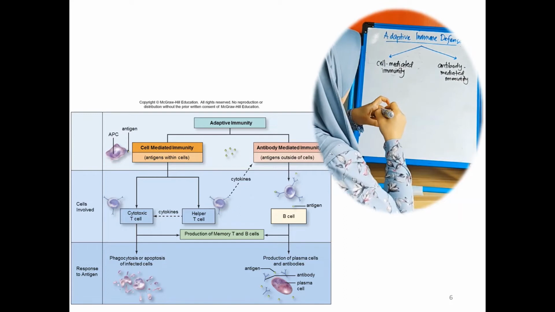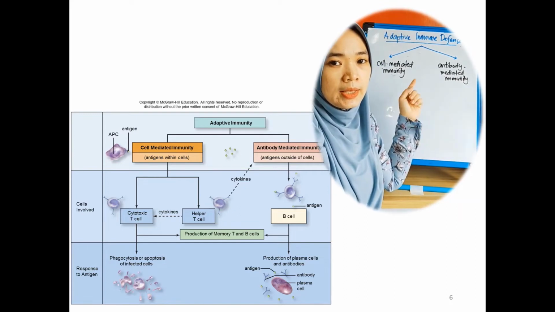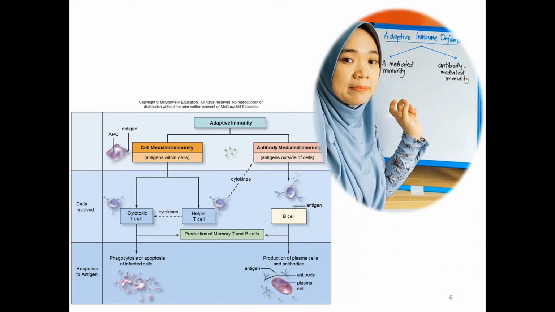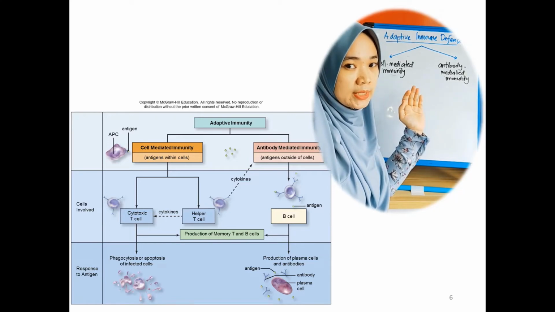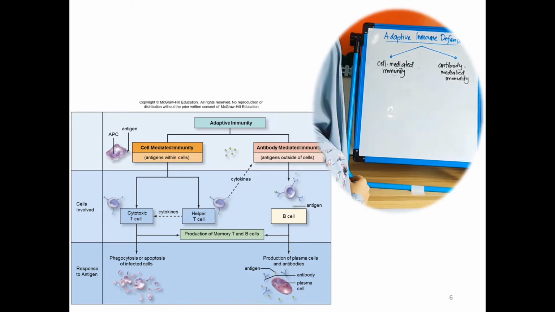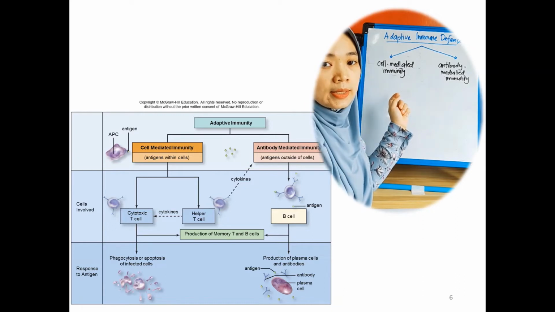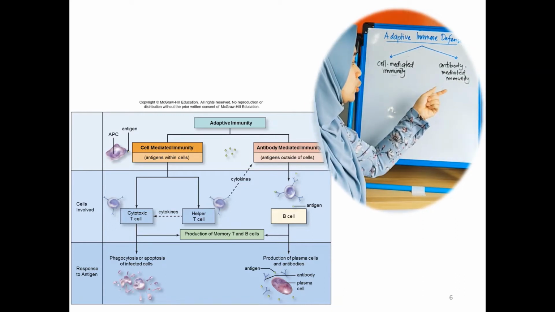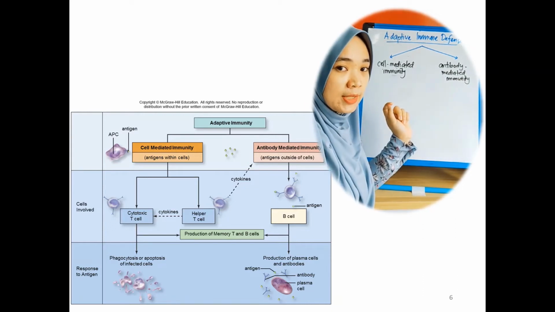Okay, the name given is based on the mechanism involved in this process. And also the cells involved in these two adaptive immunities are different.